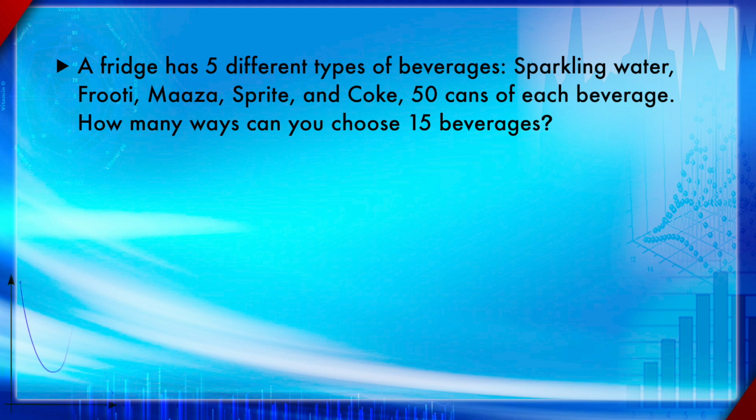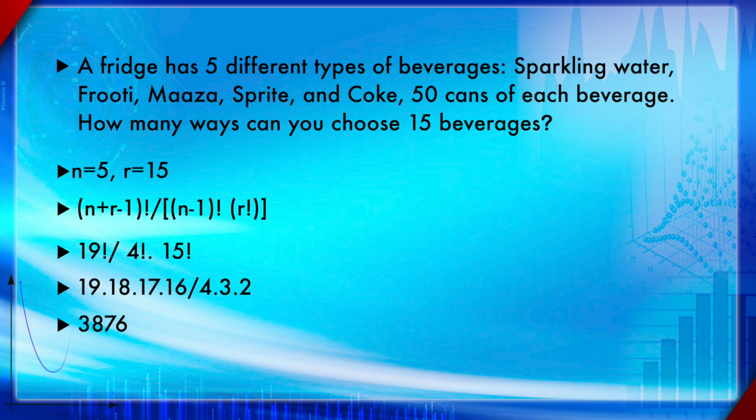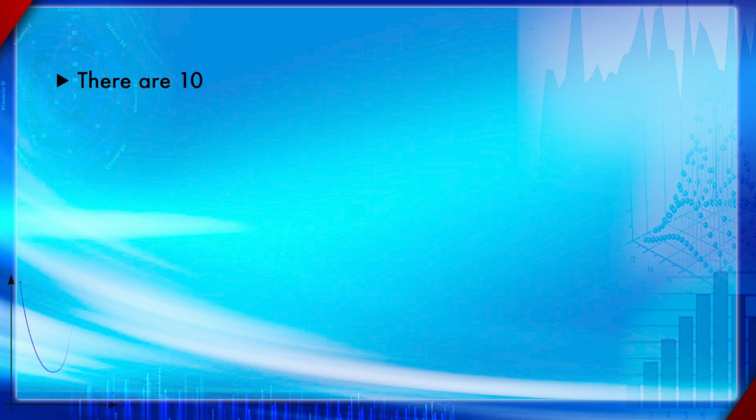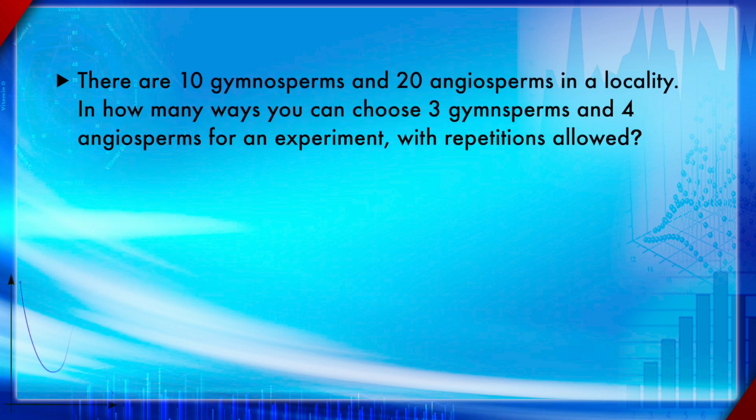I would take all sparkling water rather than going for cola or juice. So in that case, definitely repetitions are allowed, and it is a combination problem because the order doesn't matter here. So n is 5, r is 15. So the total number of ways is 3876.